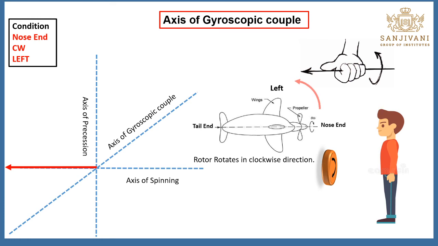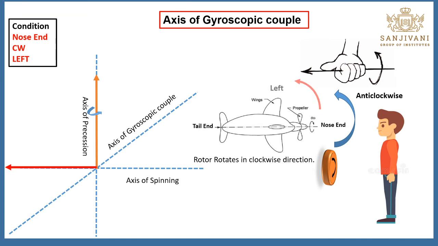That means the ship rotates in the anti-clockwise direction about the vertical axis. When viewed from the top, you will find that the ship is rotating in the anti-clockwise direction. That means this is the axis of precession, in the anti-clockwise direction.